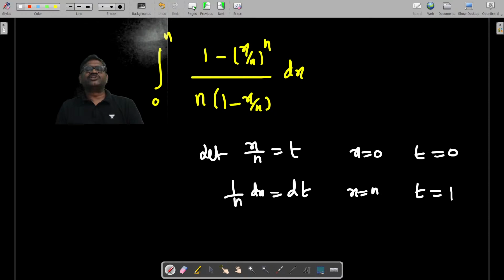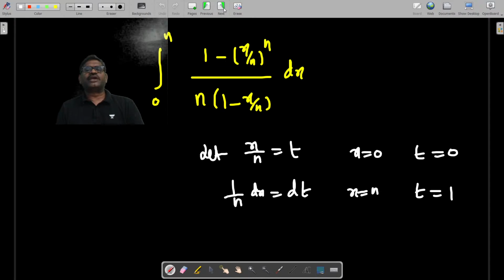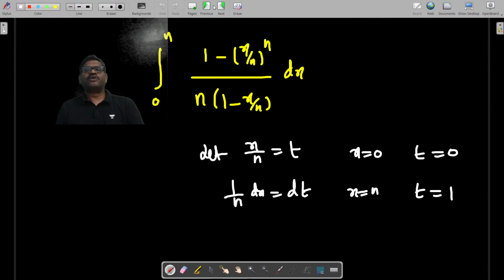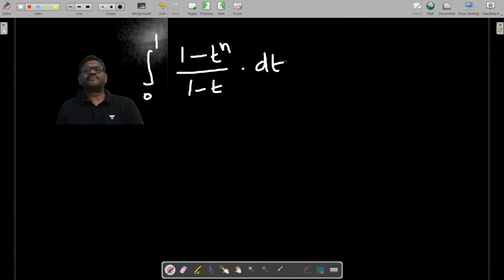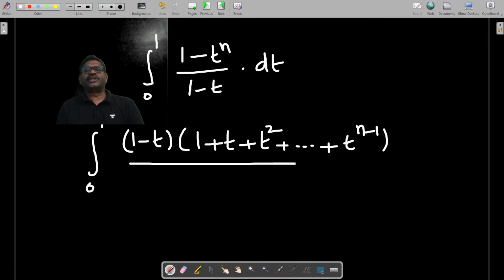Therefore, the integral from 0 to n will become the integral from 0 to 1 of (1 minus t) power n by (1 minus t) dt. 1 minus t power n is (1 minus t) into (1 plus t plus t square and so on up to t power n minus 1), divided by (1 minus t).